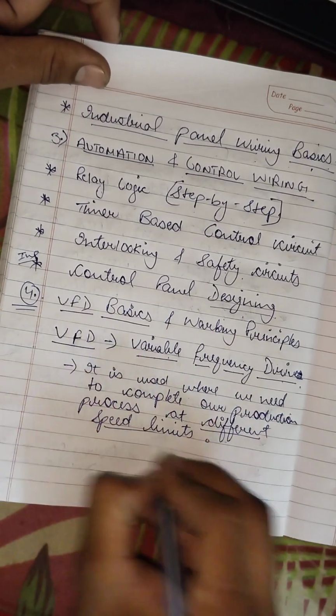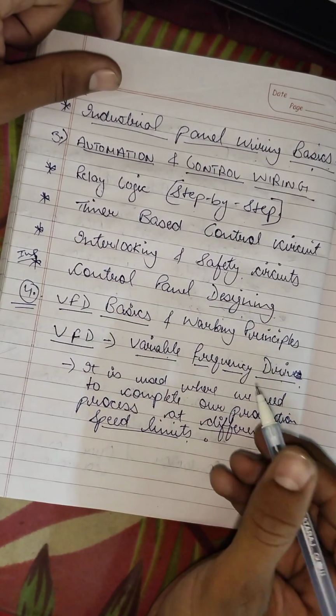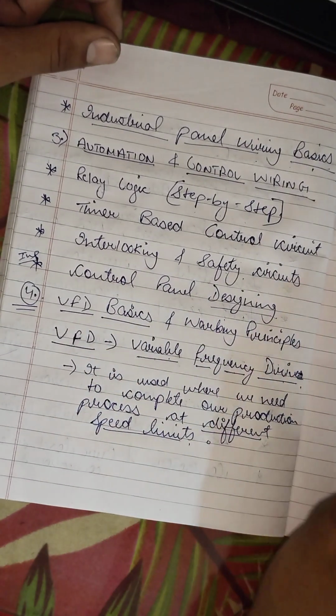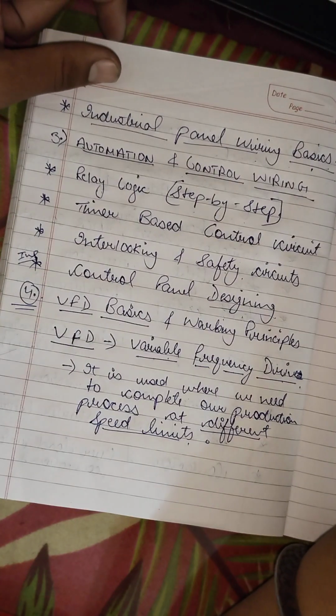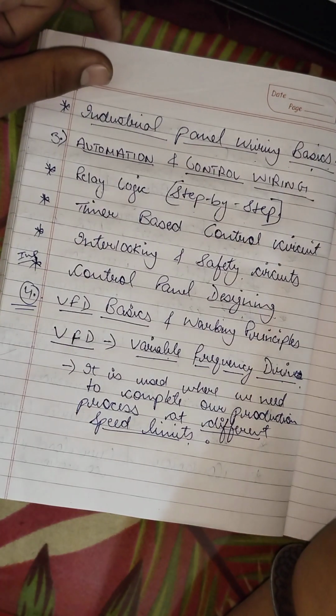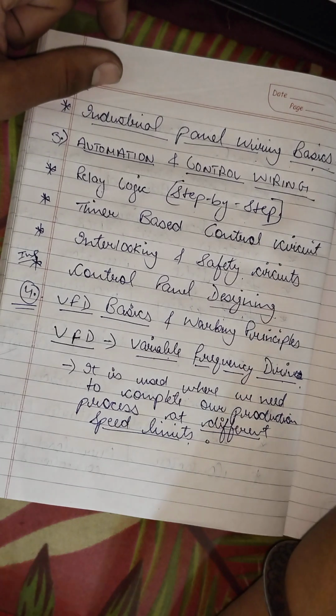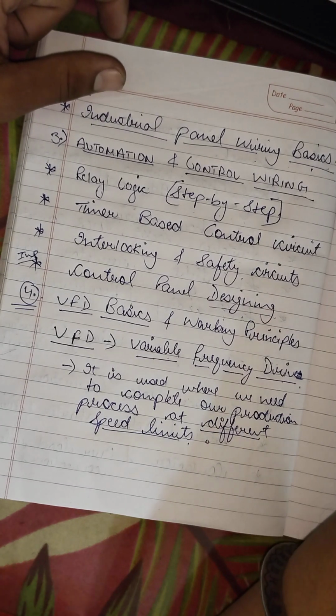Different speed limits means we can vary the frequency, and can increase or decrease the frequency and speed of the motor to complete our rotation and complete our production functions which are required in any industry.